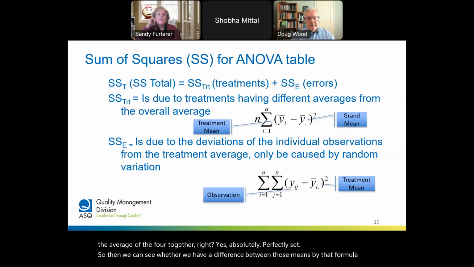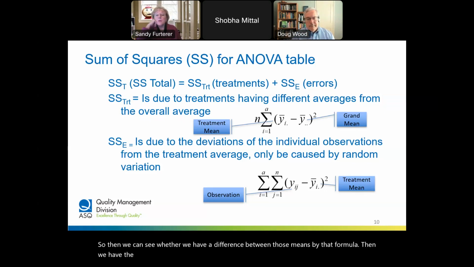Then we have the sum of squared error. This helps us to calculate the deviations of each individual observation. So we've got that y sub ij subscript, and that means each one.